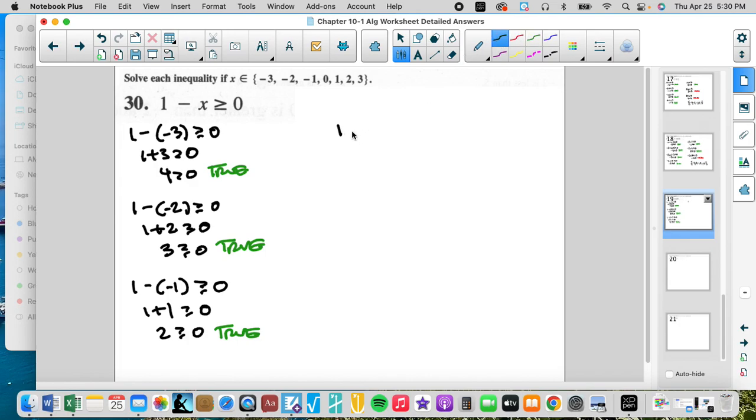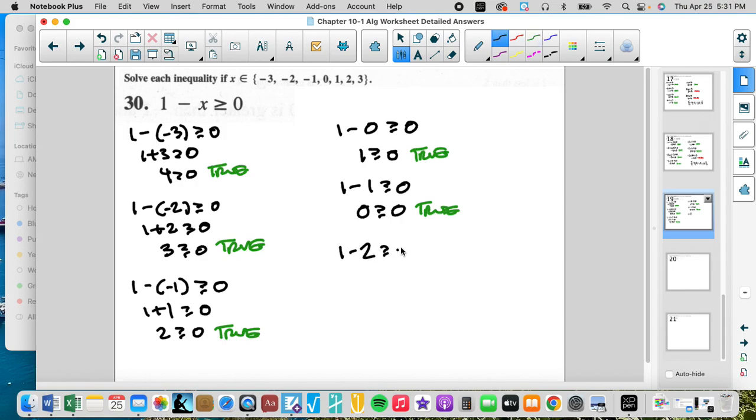Is 1 minus 0 greater than or equal to 0? Is 1 greater than or equal to 0? That is true. Is 1 minus 1 greater than or equal to 0? Is 0 greater than or equal to 0? That is true. Is 1 minus 2 greater than or equal to 0?